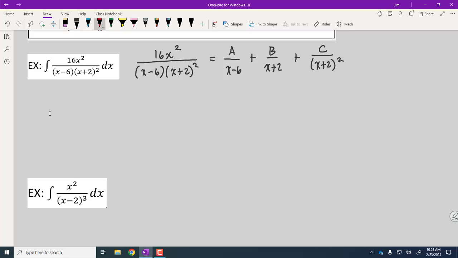So this factor is repeated right there. And we have to have a partial fraction for each power. All right, so you guys take it from here. So clear the fraction first and get your equation.